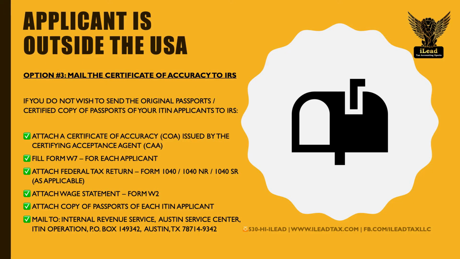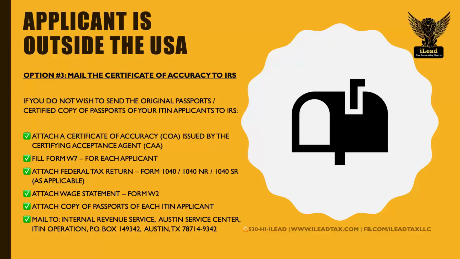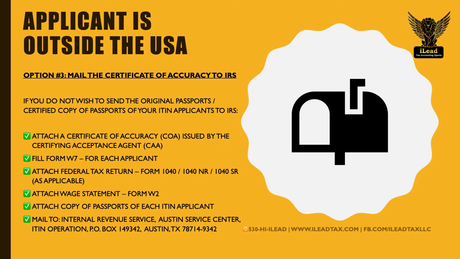And the last option that's available is the certificate of accuracy. In case you work with a certifying acceptance agent, he will issue a certificate of accuracy confirming that he has reviewed the need for you applying for ITIN, and he attests the document saying that you are qualified to apply for ITIN.